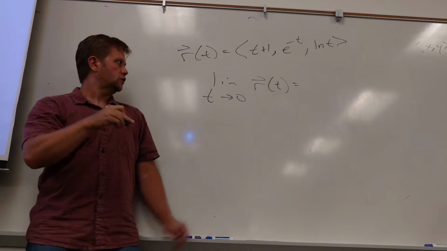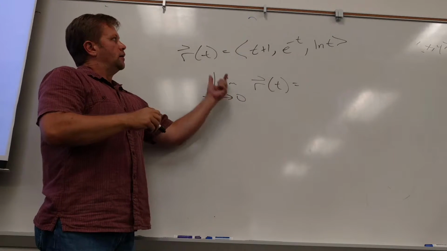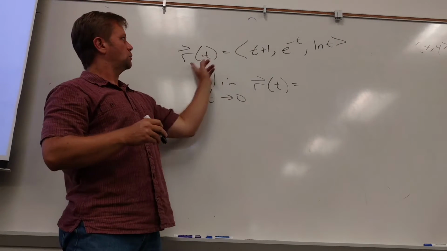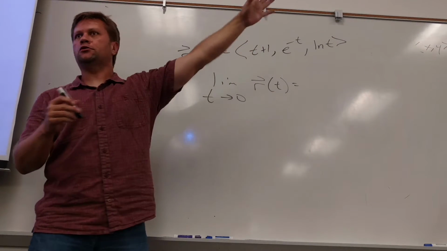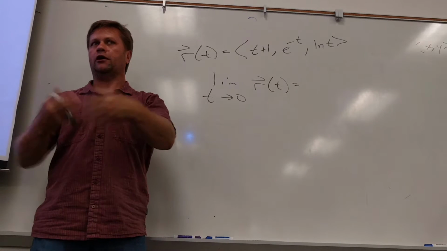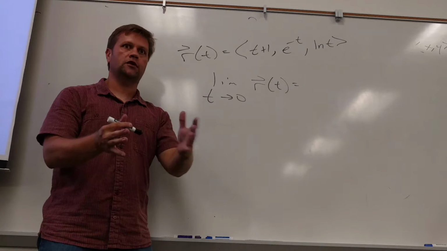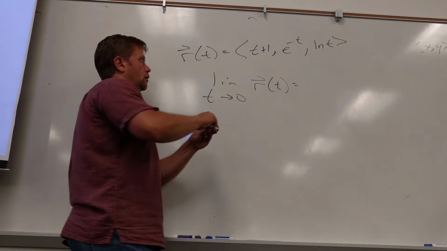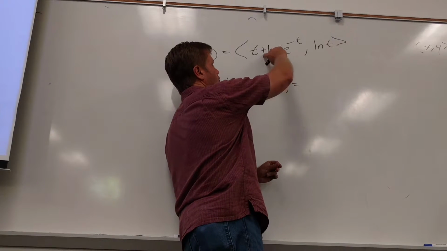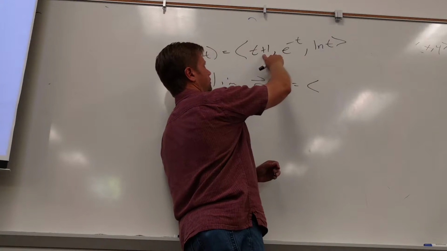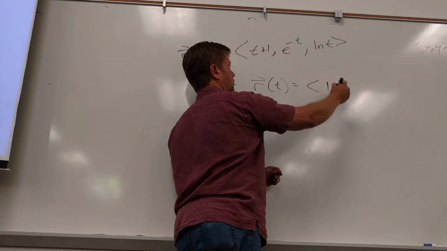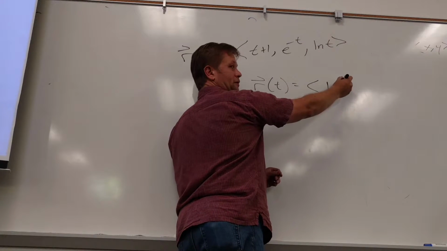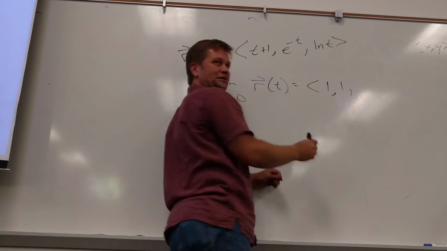So taking the limit, I can just pull it in, as long as those limits exist, then I can figure out the limit of this vector function. So if I do pull this limit in, what do I get? 1.